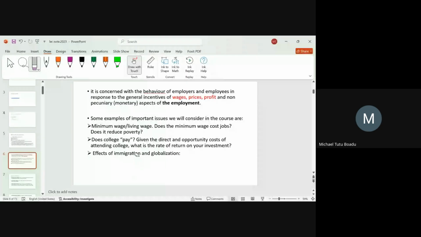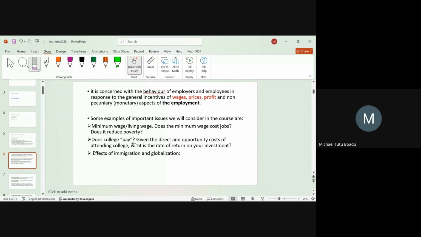Does college pay? If you attend a university, does it pay? What I mean is, if you compare the opportunity cost of attending a university for 4 years, can you determine the rate of return on your investment in education? Let me assume you have spent about 30,000 taking yourself through a degree program at the university.